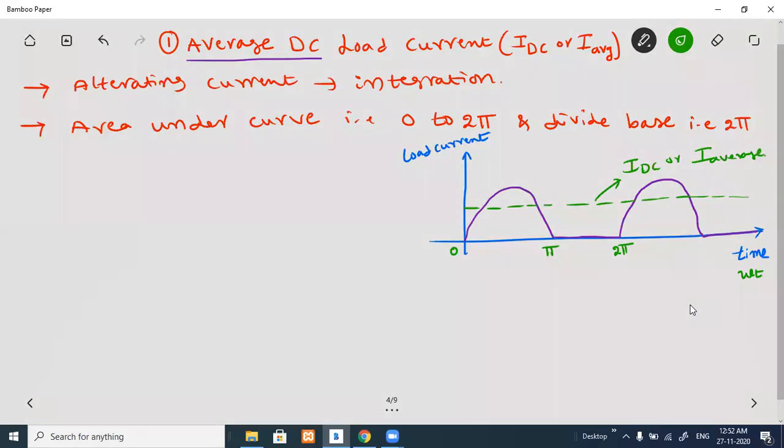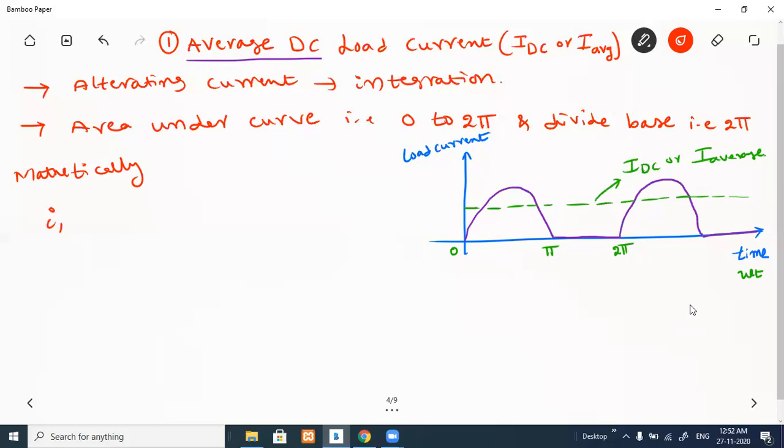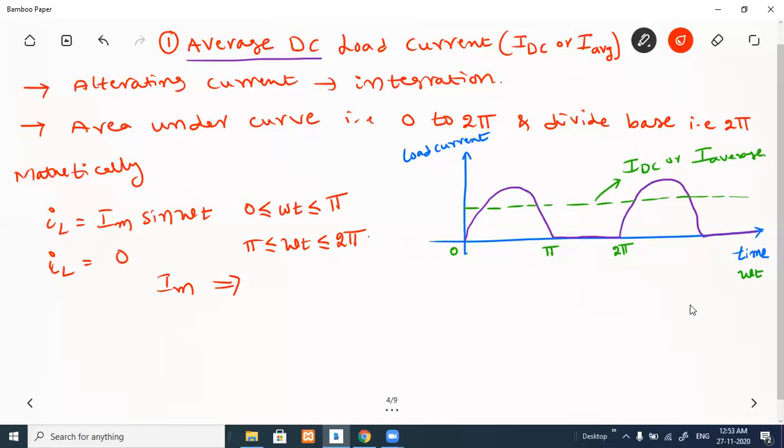Mathematically, the current waveform for half-wave rectifier can be described as IL equal to Im sin omega t for 0 less than or equal to omega t less than or equal to pi, and IL is equal to 0 for pi less than or equal to omega t less than or equal to 2 pi, where Im is the peak value of load current.